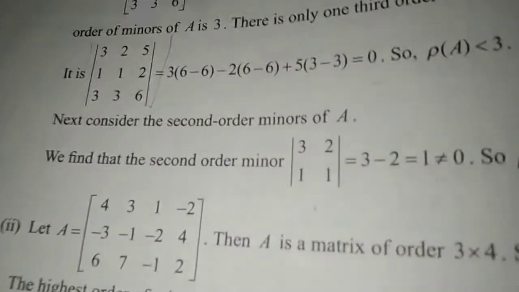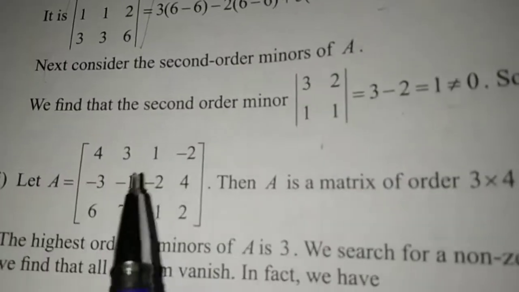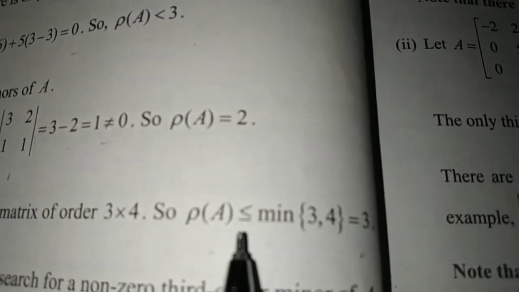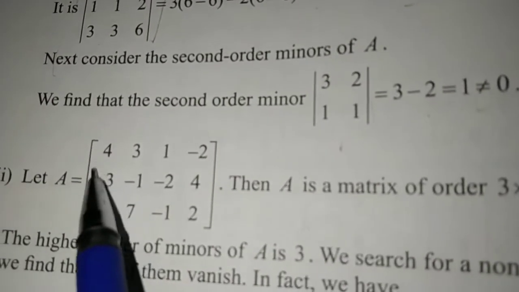Now, exercise, we can see this clearly. Another example: A is a matrix of order 3 by 4. So rho of A is less than or equal to the minimum of 3, 4, that is 3, which means equal to 3 or less than 3. Now see the 3 by 3 matrices, the third order minors.